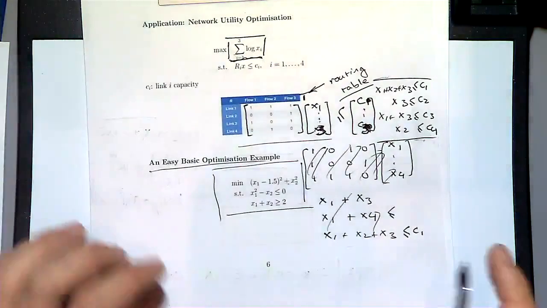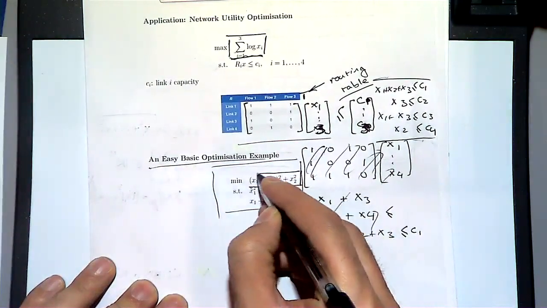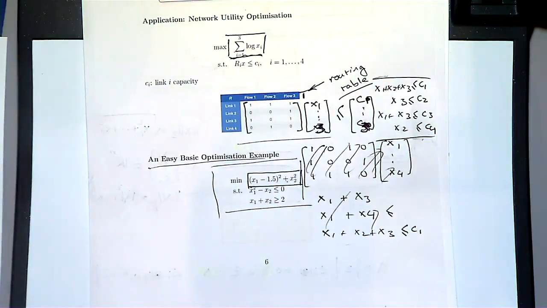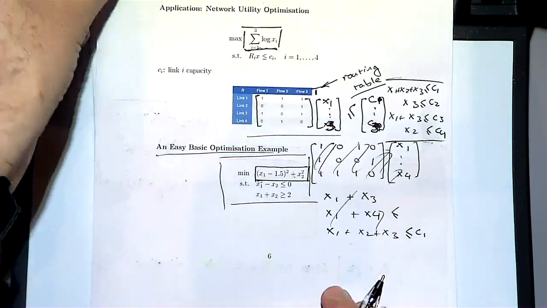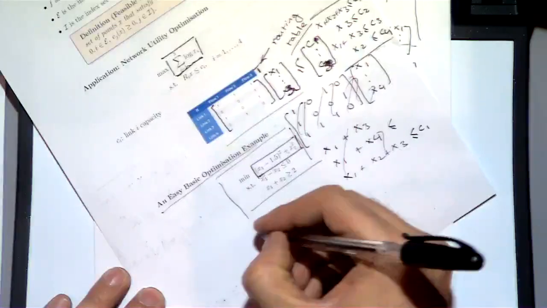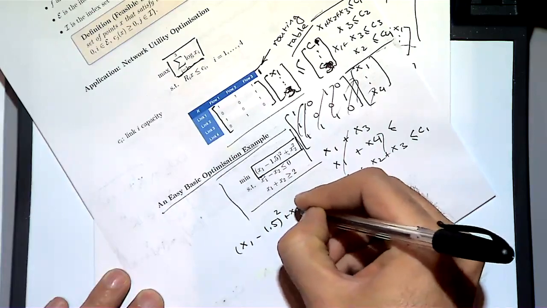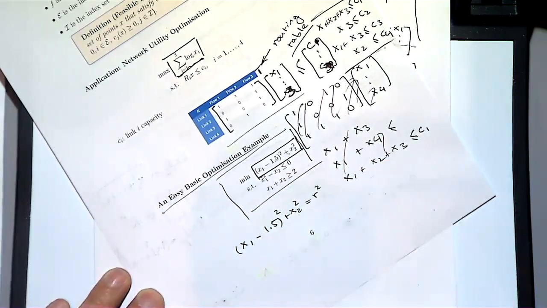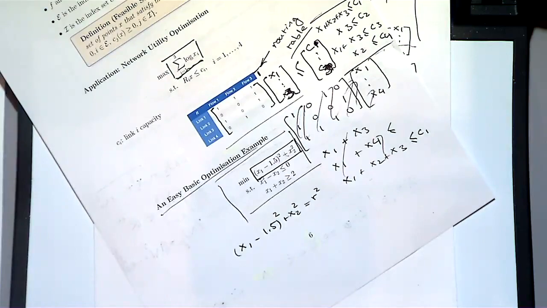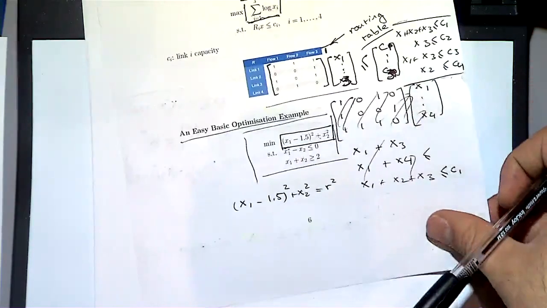Going back to this, what is this object characterizing? Correct. It is characterizing a circle. So if I write it like this, what is this?